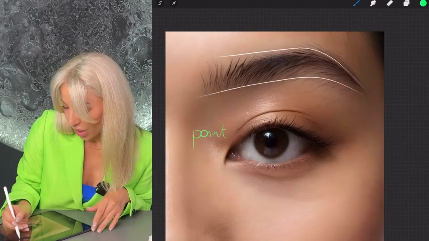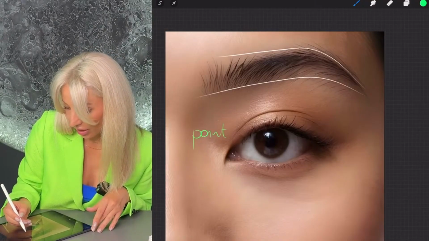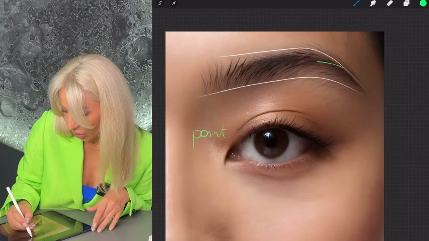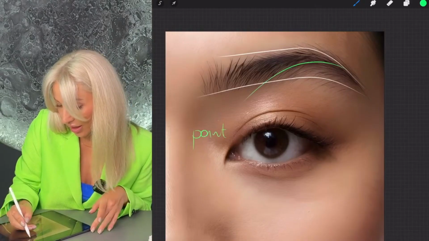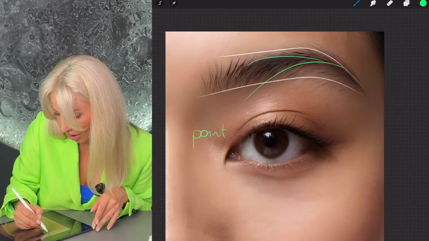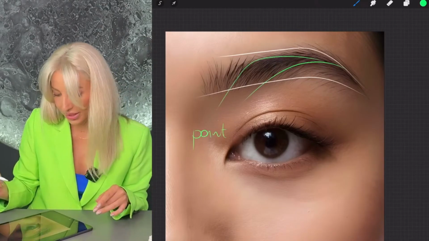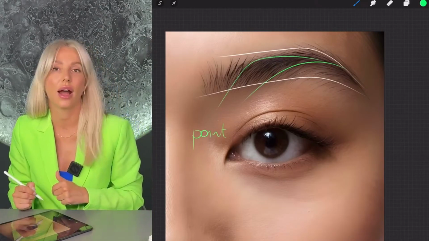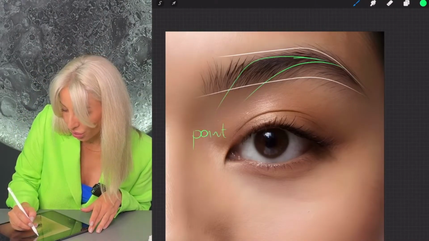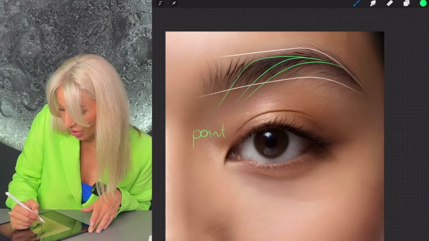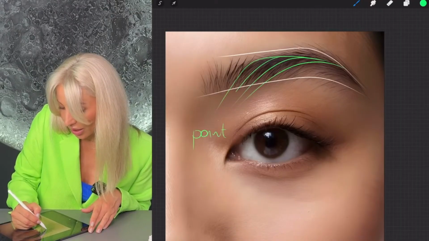I'm going to show you how it looks. We draw the first stroke. This is our guideline here. We draw it down to this guide point, to the key point. And then all the strokes you need to direct in the same direction.